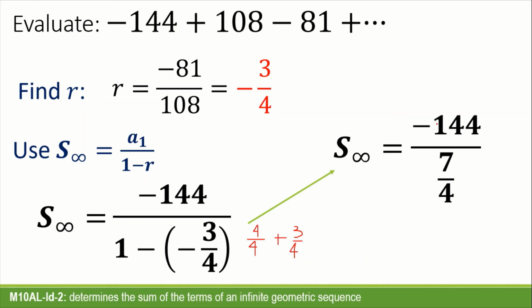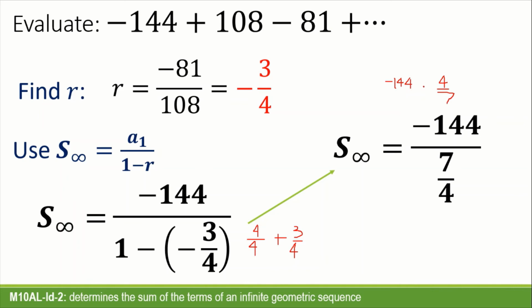And then, negative 144 divided by 7/4. Again, when we divide fractions, we simply copy this negative 144, then take the reciprocal of the fraction in the denominator. So, the reciprocal of 7/4 becomes 4/7. Then, proceed to multiplication.